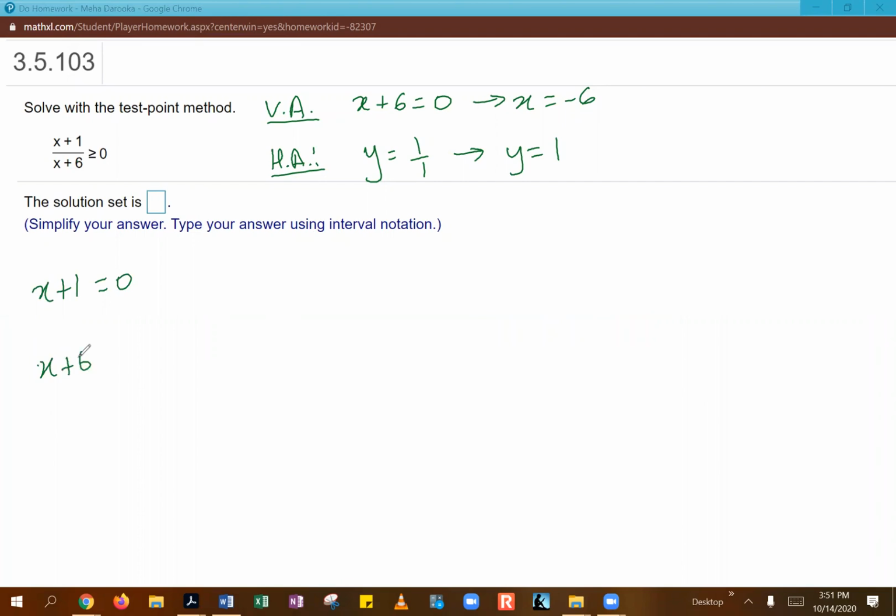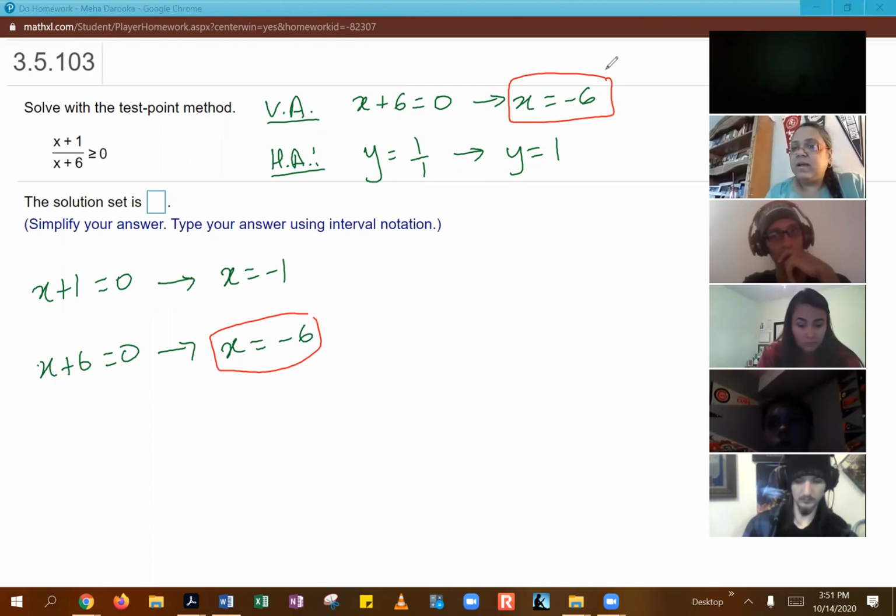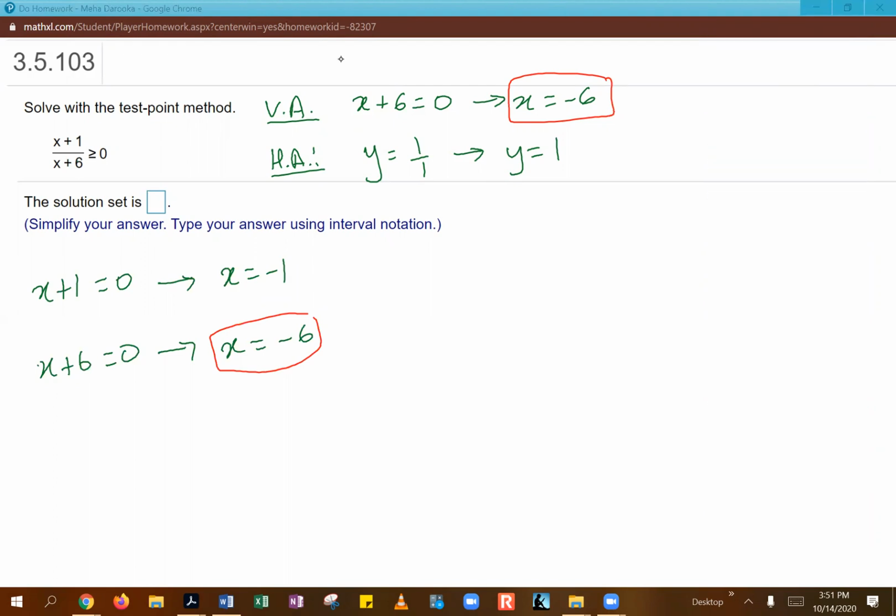Take the expression on the bottom, set it equal to 0, and you will end up getting x equals -1, x equals -6. This number obviously is the same as our vertical asymptote, right? Your x minus 1 actually is your x-intercept, where your graph will be crossing the x-axis. But again, we're not worried about the graph.